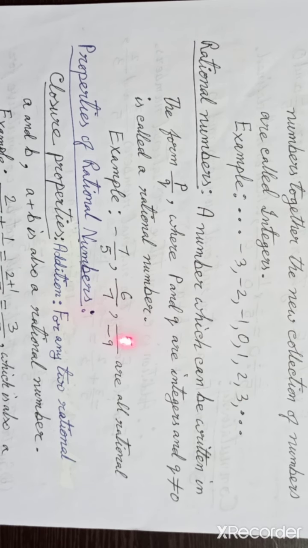And next is 5 by minus 9. 5 is an integer, and minus 9 is also an integer, so 5 by minus 9 is in the form of p by q, so it is also a rational number.